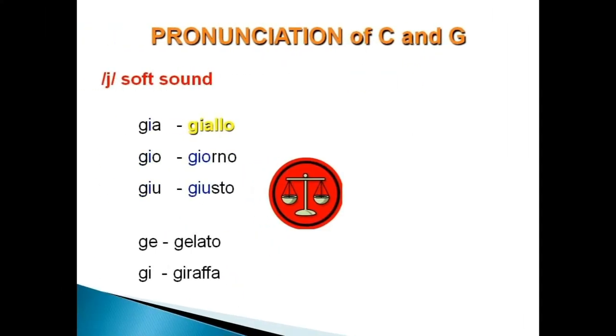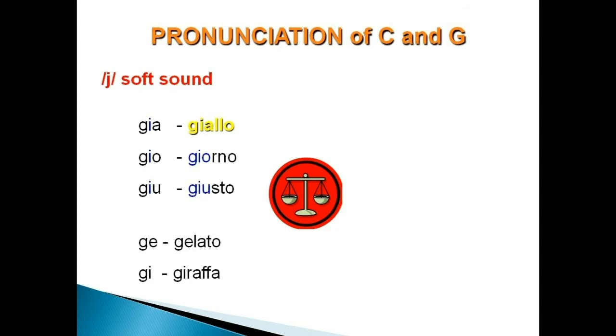Now we practice pronouncing the J sound. We have Ja, Jo, Ju, and then Je and Ji. So repeat the first three words after me. Ja, giallo. Jo, giorno. Ju, giusto.